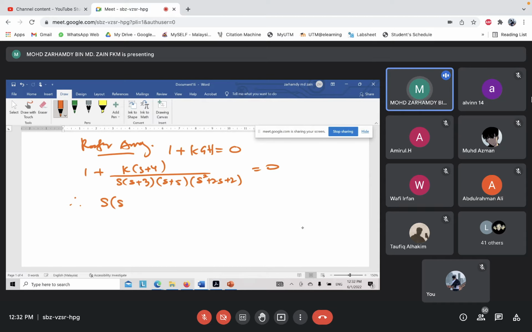Tolong kira. So S plus 3, S plus 4, 5, S square plus 2S plus 2 plus K(S plus 4) equal to 0. Okay, jom kita tengok siapa yang dapat. So in this example, the highest power of S is 5.